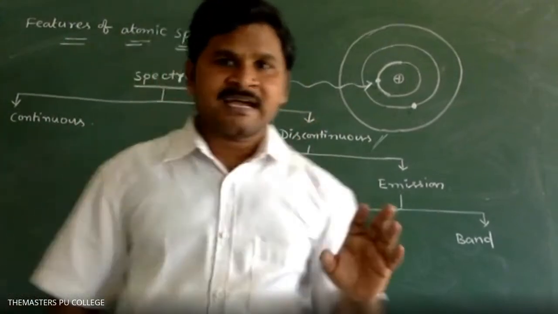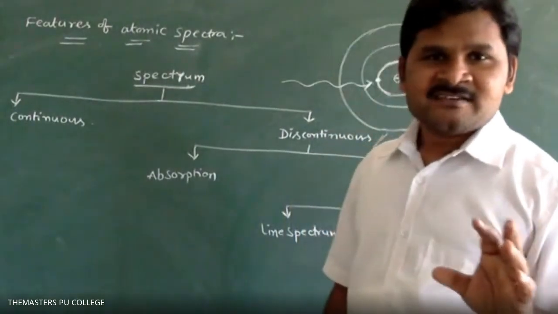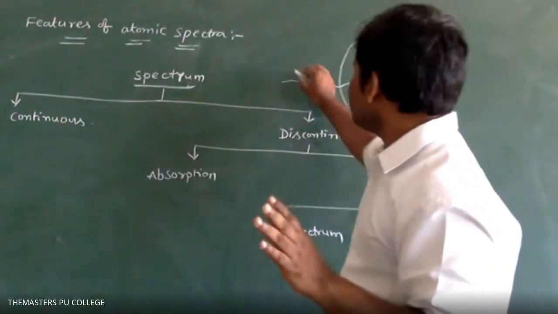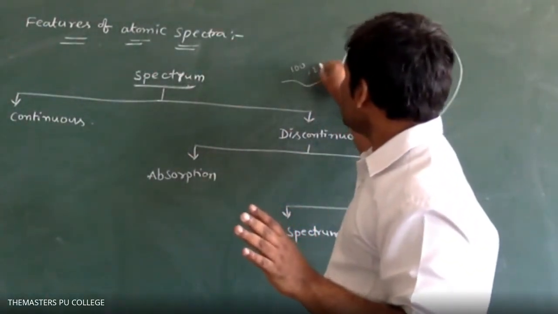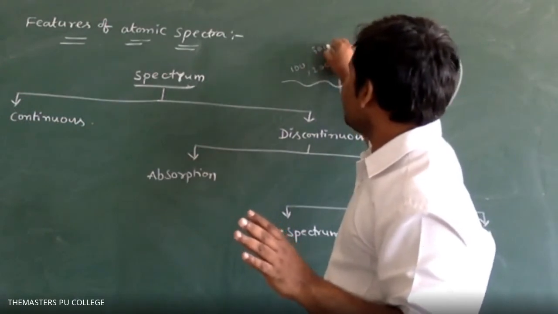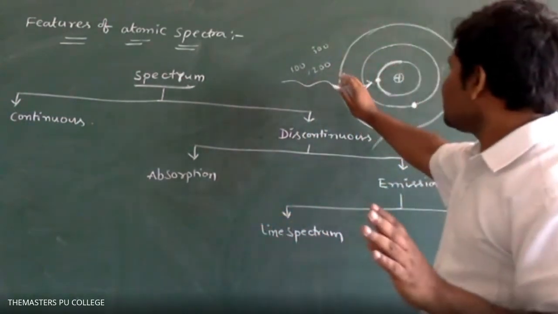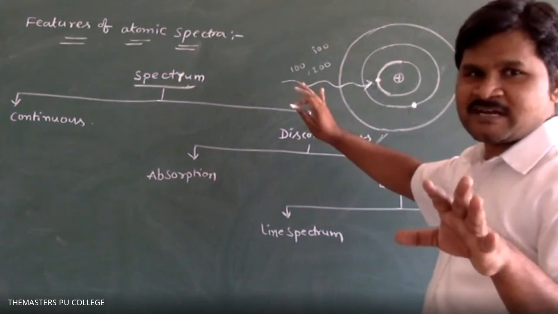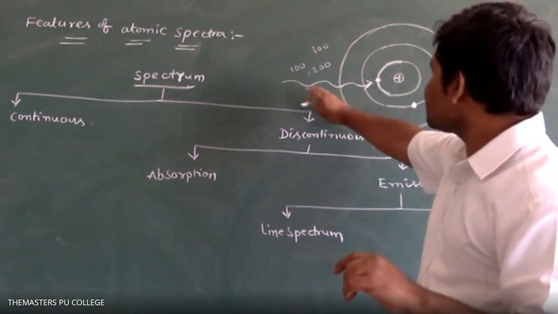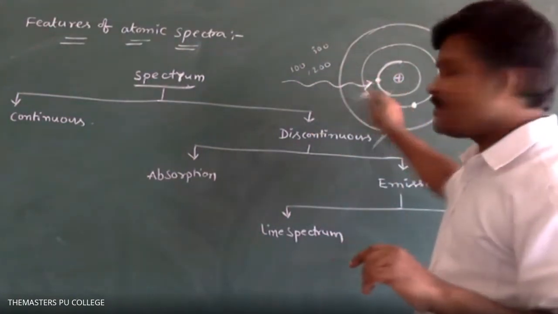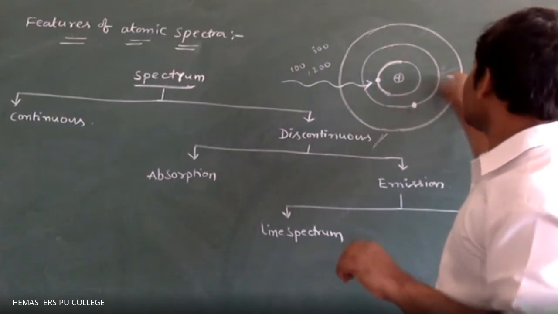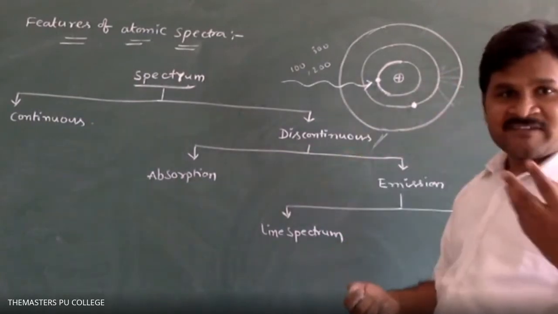This light has different wavelengths. Wavelength 100, wavelength 200, wavelength 300. Say for example, not exact. Whenever you pass this light through this hydrogen atom, we are getting some radiations. Light will come.